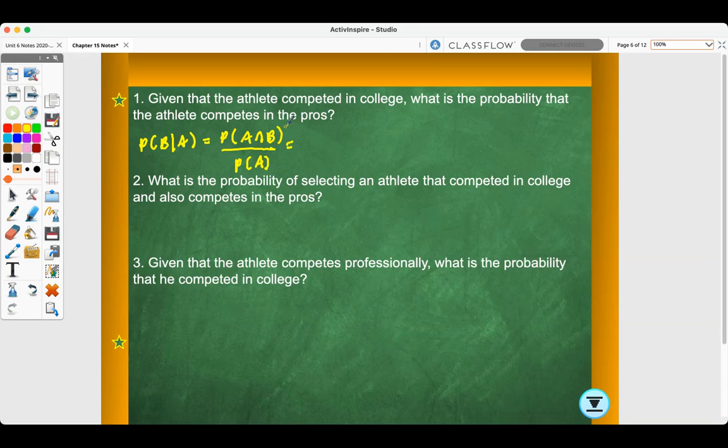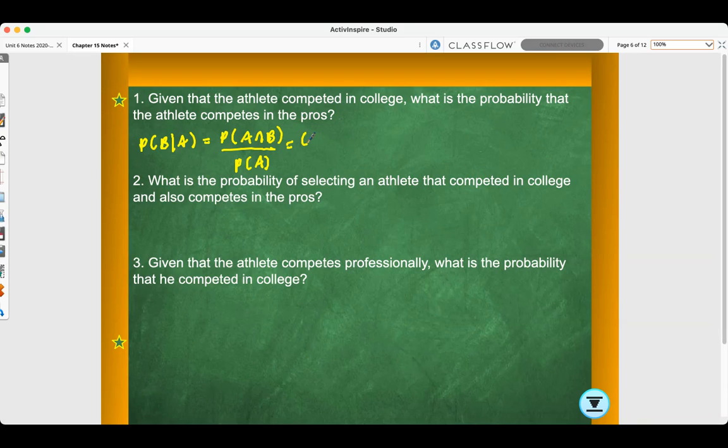So this would be 0.00085 all over 0.05, which equals 0.017.